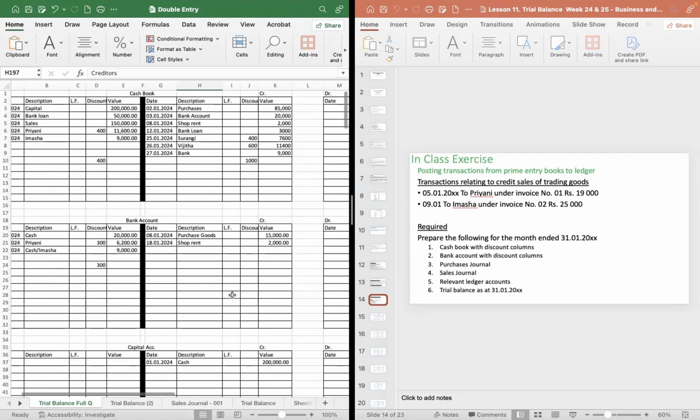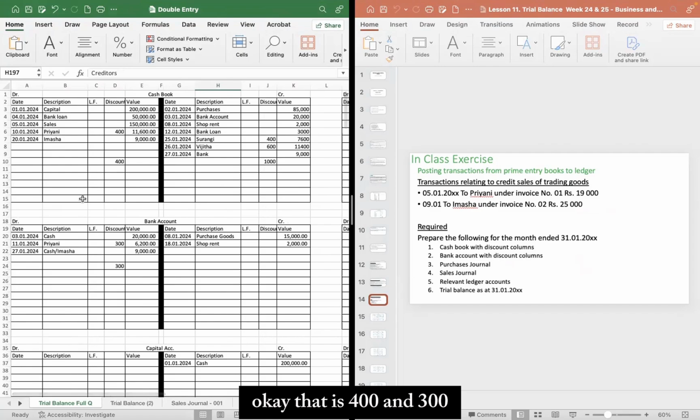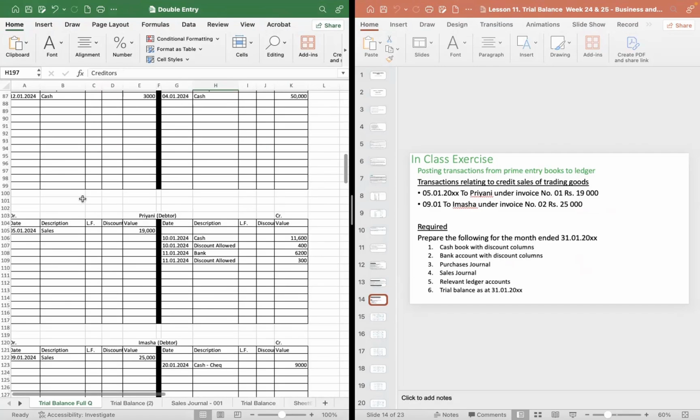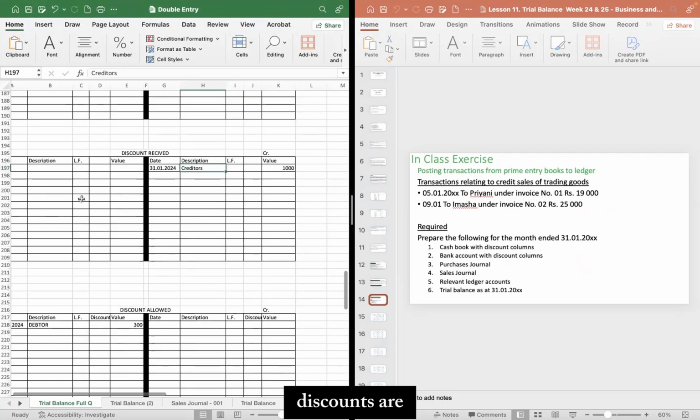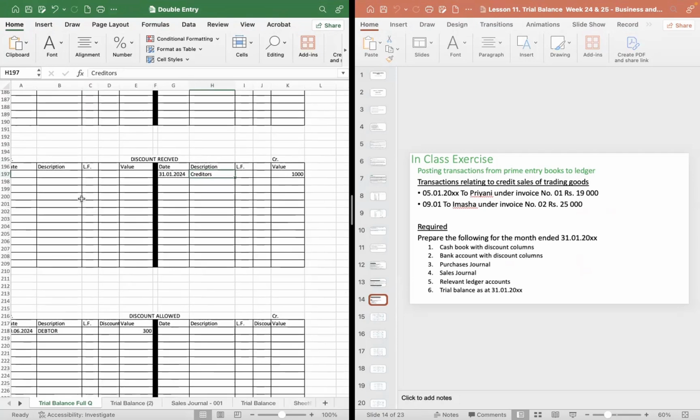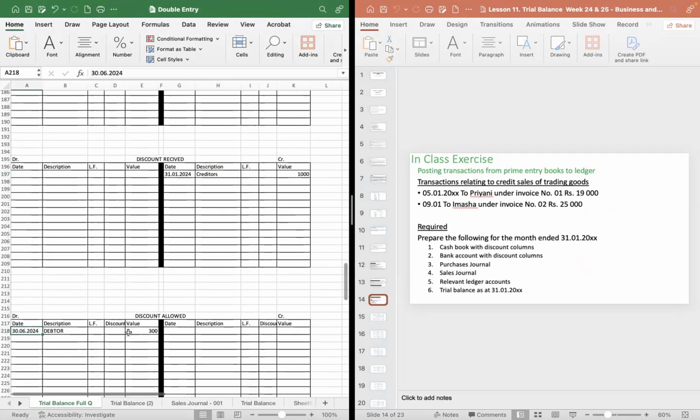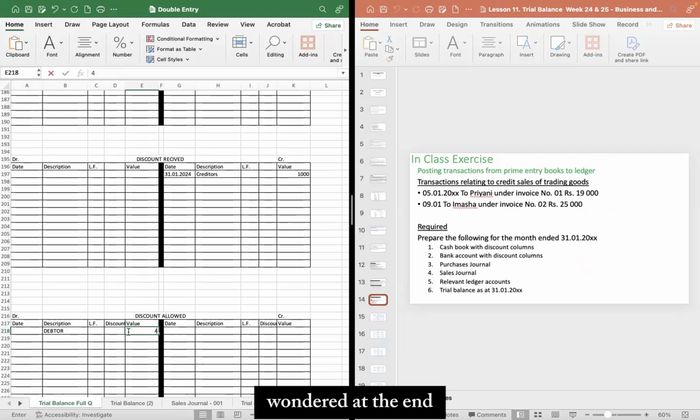And then discounts allowed, that is 400 and 300.